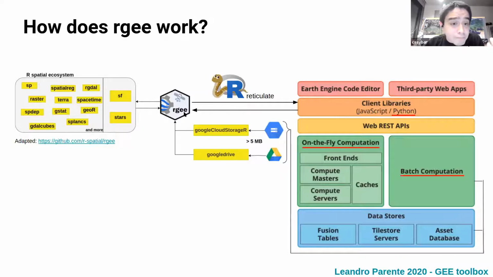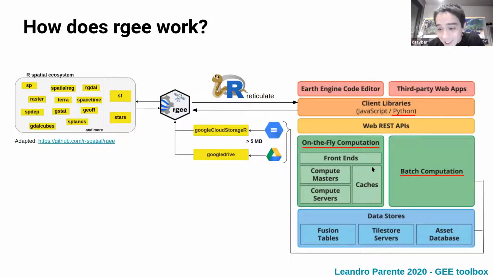We use reticulate, as I mentioned, to transform our R code into Python. And after that, we use the Python client library that is supported by Google to transform this Python code into a JSON file. And this JSON file is sent to the server, the green part of this, using the web REST API.